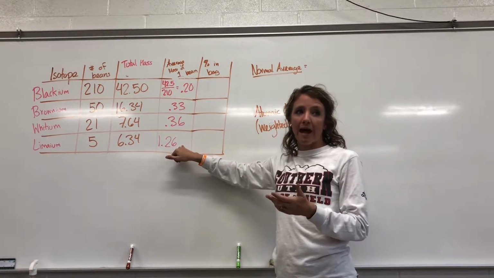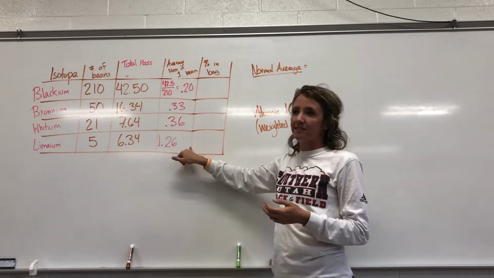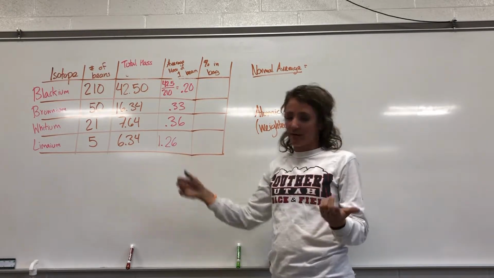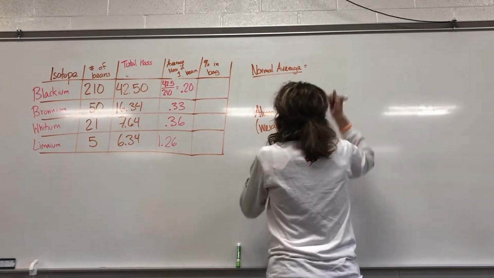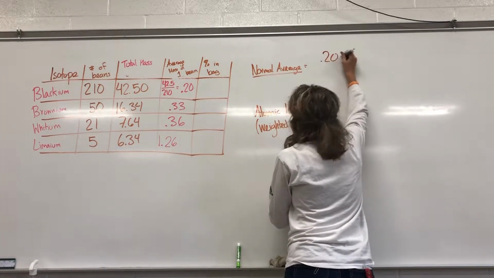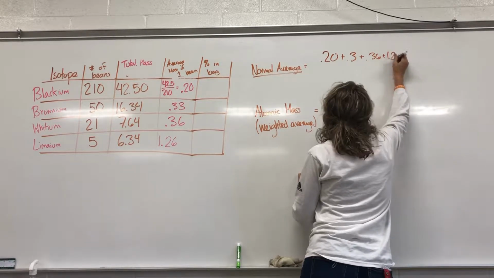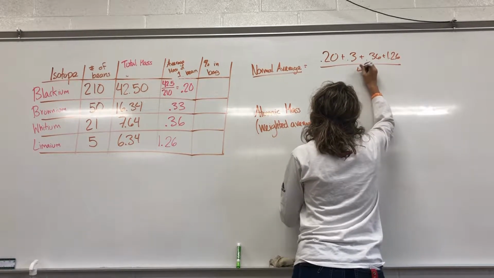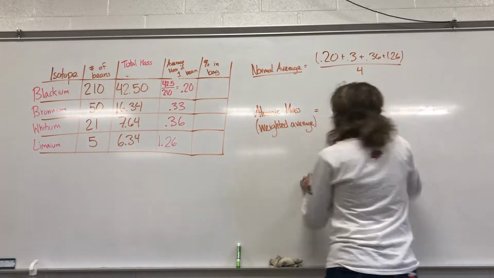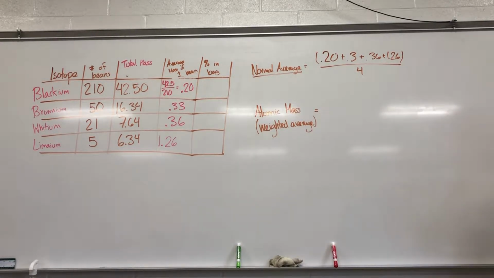So a normal average would be to add up your 4 isotopes and divide by 4. Okay, so a normal average would be 0.2 plus 0.3 plus 0.36, 0.126 divided by 4.